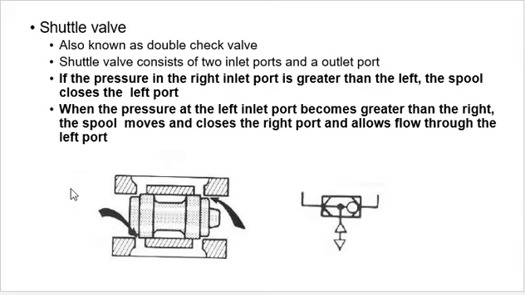So the shuttle valve can be treated as an OR gate, or you might have studied the OR gate in mechatronics. So see, the principle is the same. The two inlets are there and one outlet is there, either or.